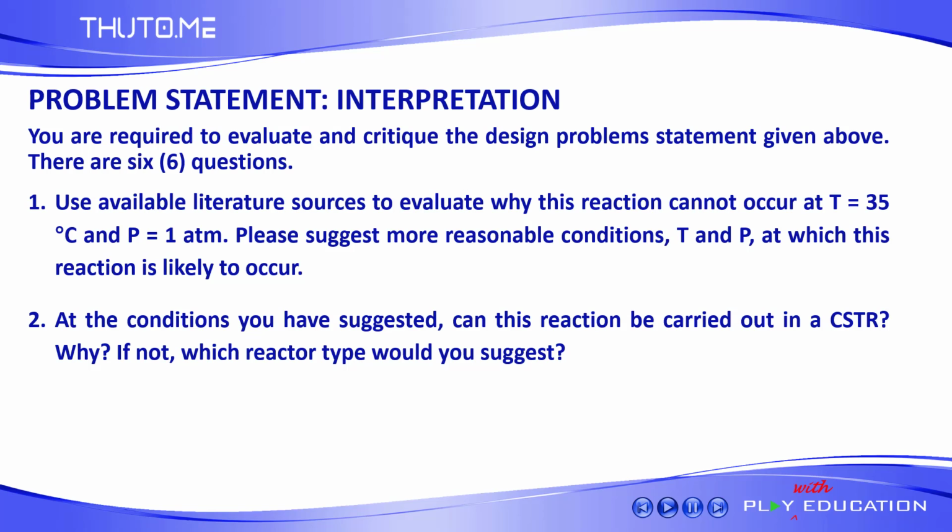Also, we have to suggest more reasonable conditions, that is, the temperature and pressure at which this reaction is likely to occur. We can use Gibbs free energy calculations from the second law of thermodynamics to determine the temperature and pressure ranges favoring this reaction.